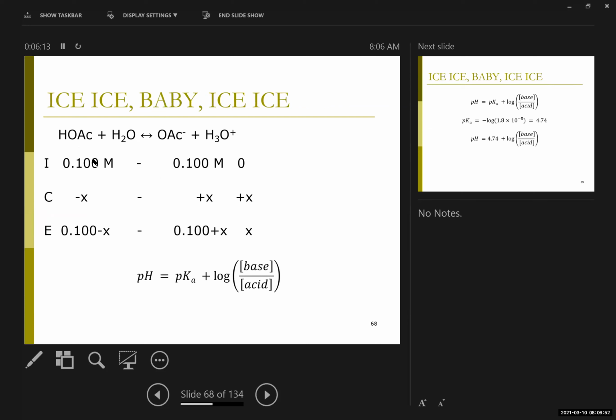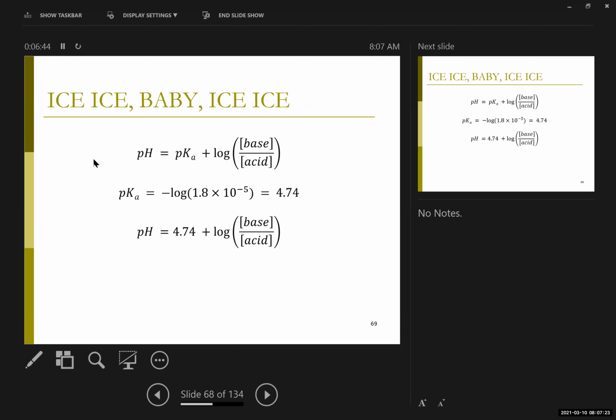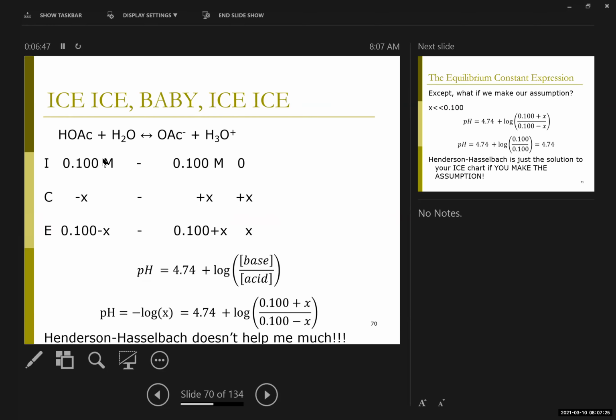And as we saw in the case of acetic acid and acetate, and it is generally true for buffers more so than your average Ka or Kb problem, the assumption tends to be good because, again, the whole point here is I have these two relatively large amounts of the conjugates. And so the X is more likely even to be small here than it would be for a straight Ka or Kb. If it weren't, it really doesn't make my life easier.